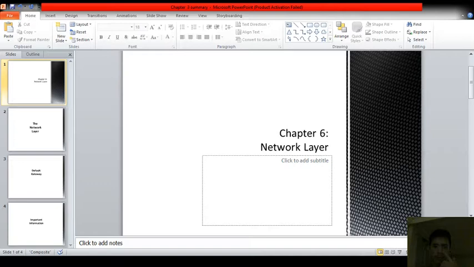Chapter 6, Network Layer, mainly focuses on the role of the network layer. It examines how it divides networks into groups of hosts to manage the flow of data packets within a network. It also covers how communication between networks is facilitated.